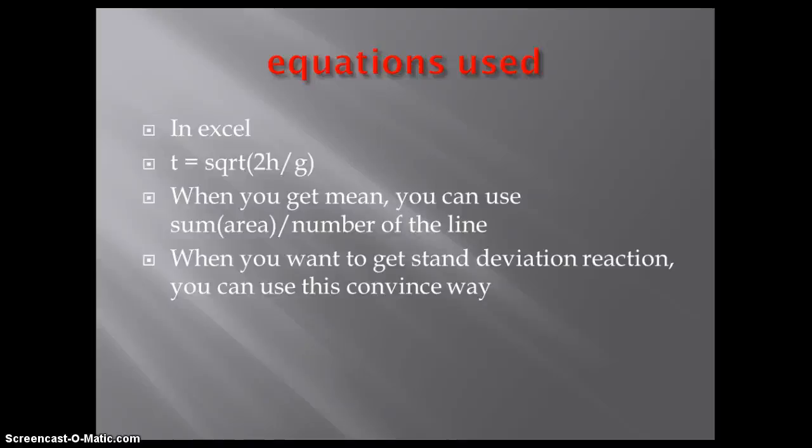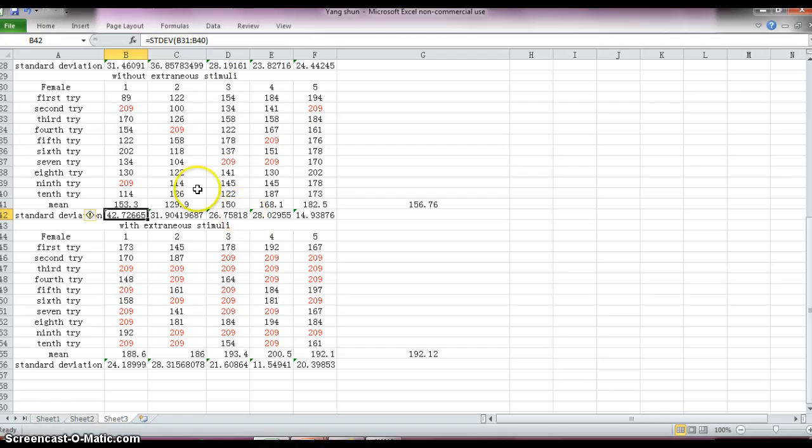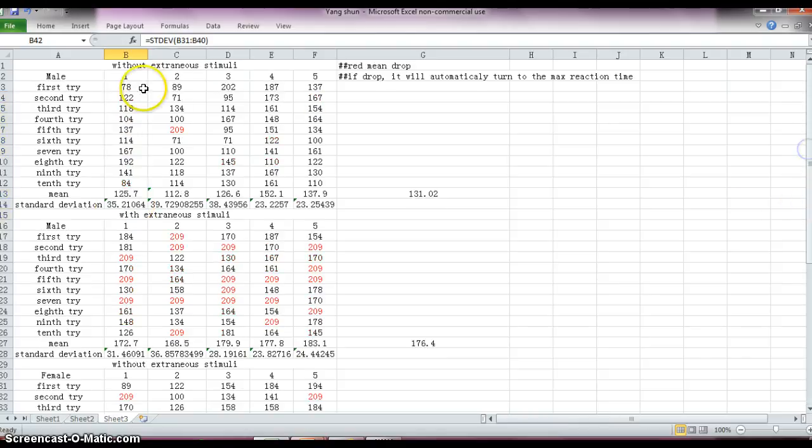When you want to get the standard deviation of the reaction time, you can use this convenient way. I will show you here. You can just type STDEV and select the area you want to calculate. This is the easy way to get the standard deviation.